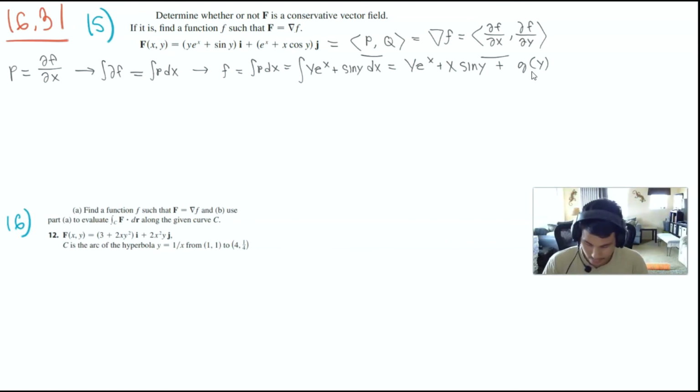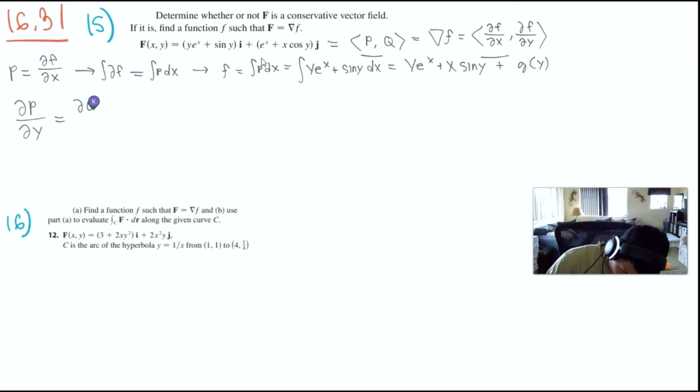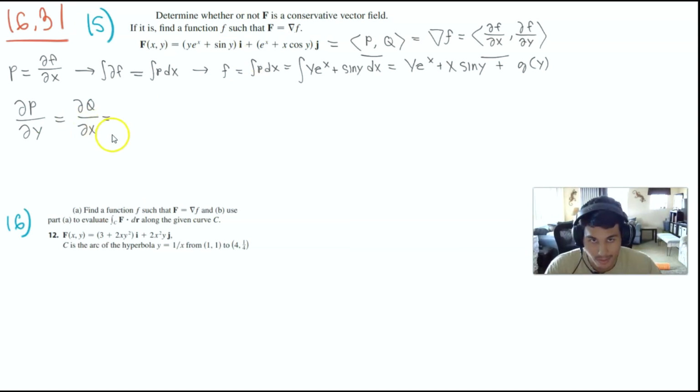Okay. And by the way, I skipped a step, which would have been important to do, but first we need to find if dP/dy is equal to dQ/dx. Let's check this. This is like the most important step to do first, or else this stuff doesn't even matter. So I should have done that first.